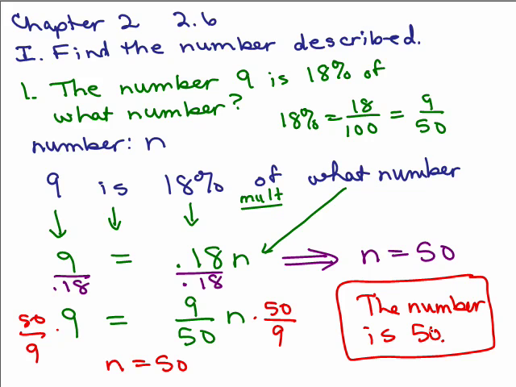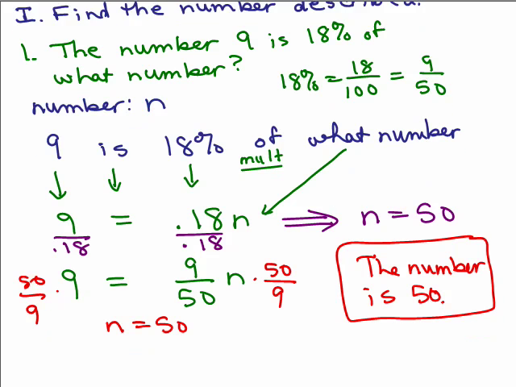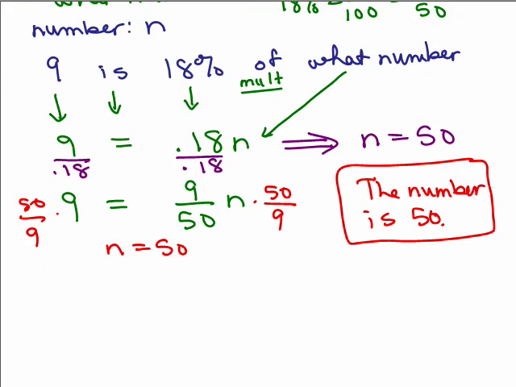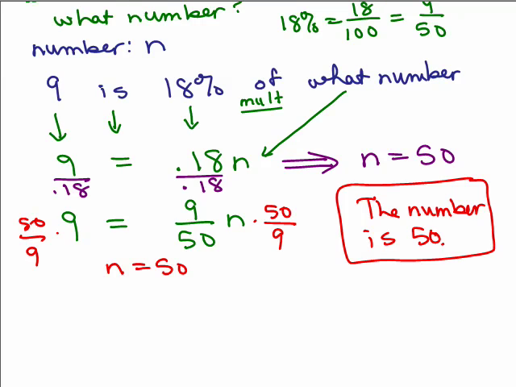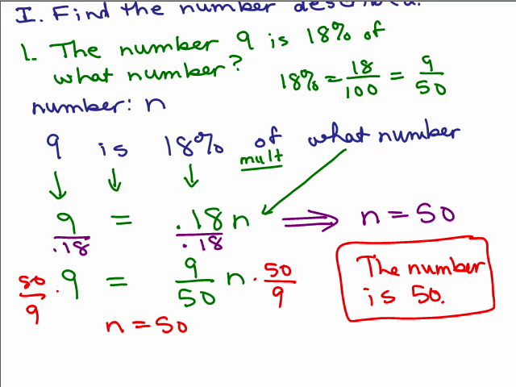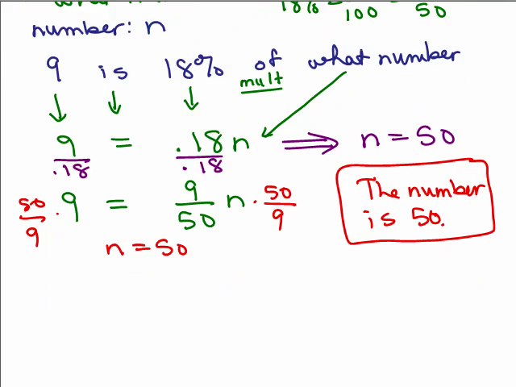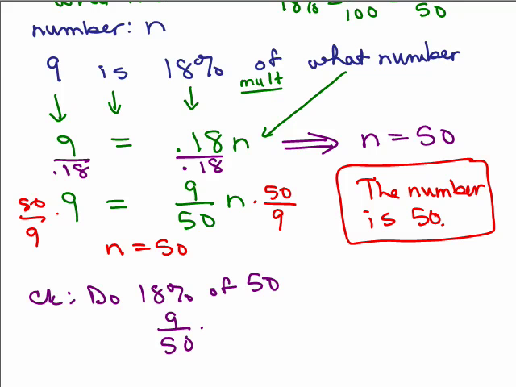So you could just use your common sense to see if it seems reasonable, and then to make sure you can check it by actually computing exactly what it says, 18% of 50. So the check is do 18% of 50. I'm going to write that as 9/50ths times 50 because it's pretty easy to do, and it checks and you get 9. So that's a way you could check your answer.